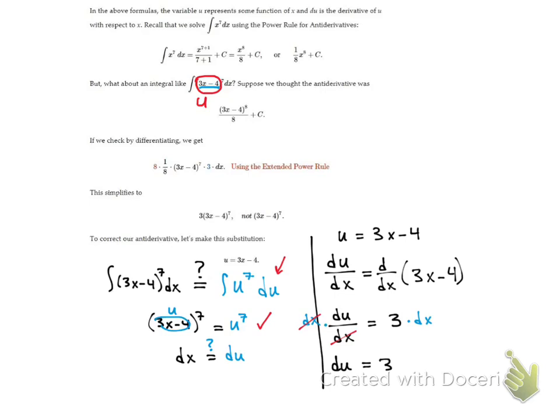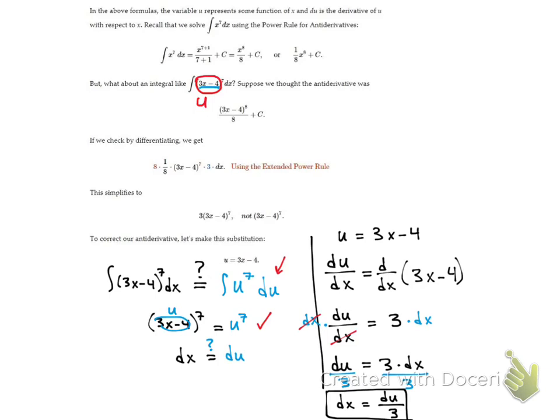And on the right side, we have 3 times dx. But we're trying to solve for dx, so let's divide both sides by 3. So then we have dx equals du divided by 3. So now we know the relationship between dx and du.